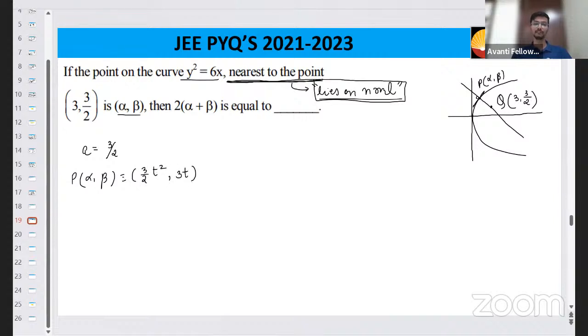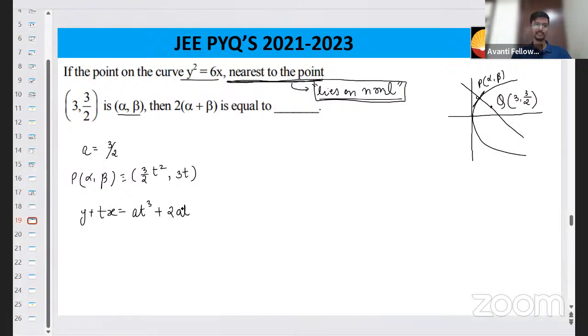Now the equation of normal is given by y plus tx, do you remember the equation of normal? y plus tx is equals to 2at plus at cube.